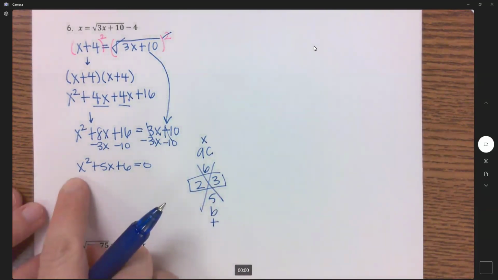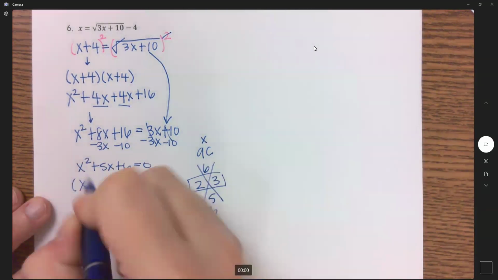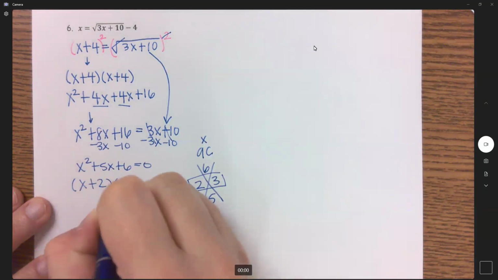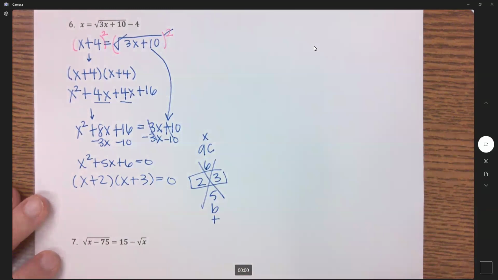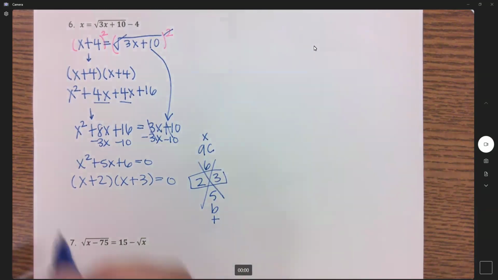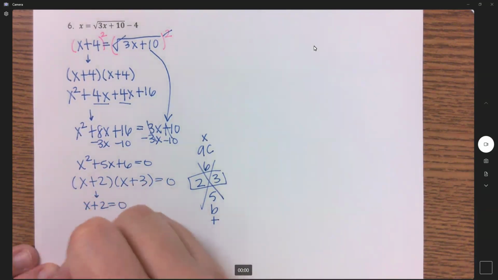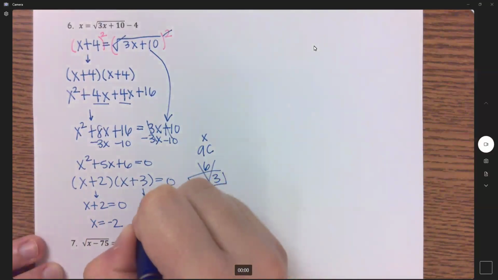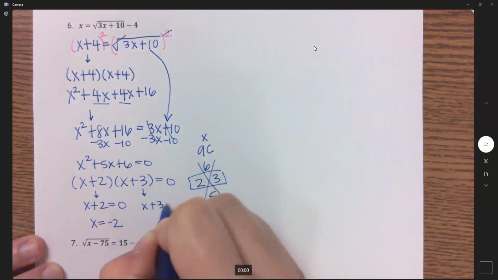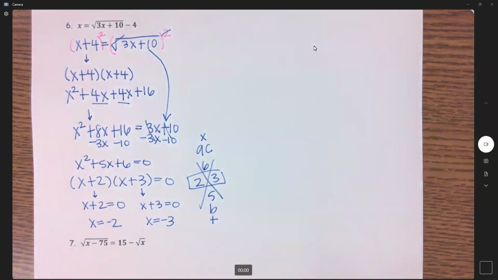Because this is an easy trinomial, meaning my a is 1, this factors to x plus 2, x plus 3 equals 0. So when I set x plus 2 equal to 0, we're going to get x equals -2. And when I do x plus 3 equals 0, we're going to get x equals -3.